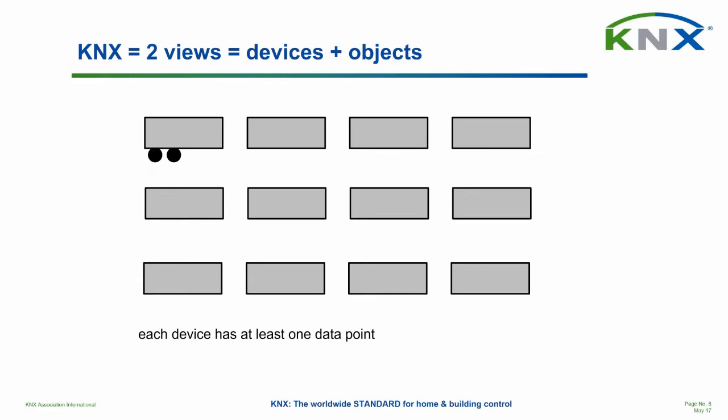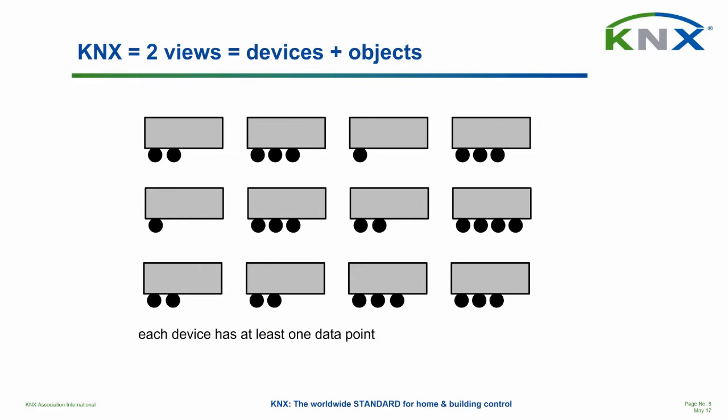Each such device has at least one data point. One data point could be a data point that represents the rocker of a push button. Another data point could be one that represents the relay of the binary output.